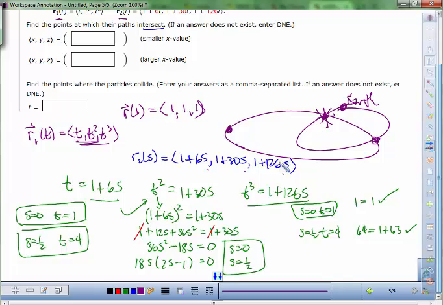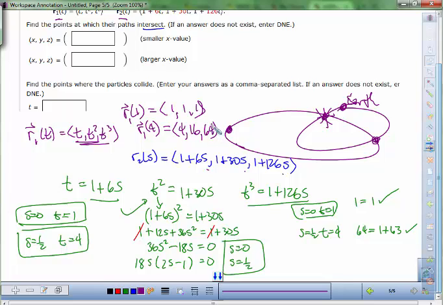Because after all, we found that these components are supposed to be equal to each other when s is equal to 0 and t is equal to 1. All right, we'll do the same thing for t equal to 4, or when s is equal to 1/2, whatever seems easier for you. I'll put t equal to 4 into R1, so I got 4, 16, and 64.